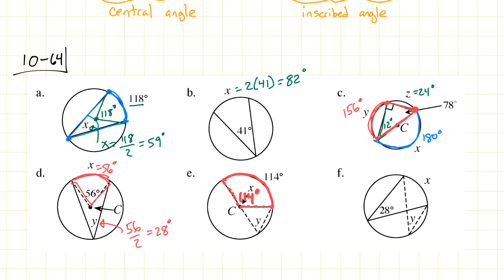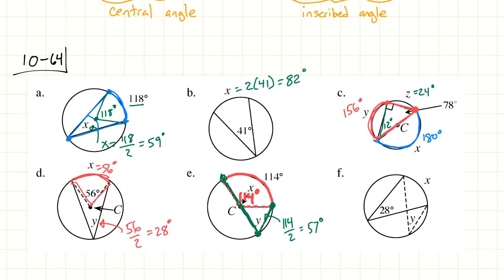And if I look closely at y, if I look at this angle and I extend it, you should notice it has the same arc, 114. But this one is an inscribed angle, so it's going to be half of, this is going to be 114 divided by 2, which then gives us 57 degrees.